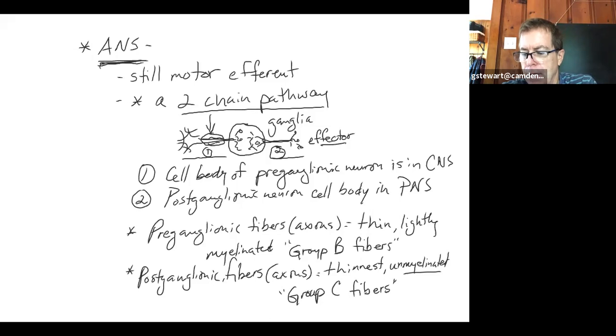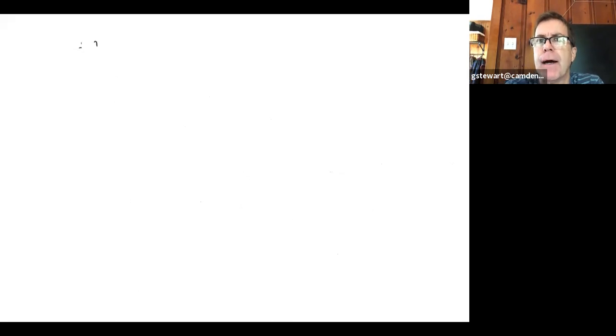Okay. All somatic neurons, the ones that go to skeletal muscles, this is just a comparison. We're doing a comparison now from autonomic to somatic.